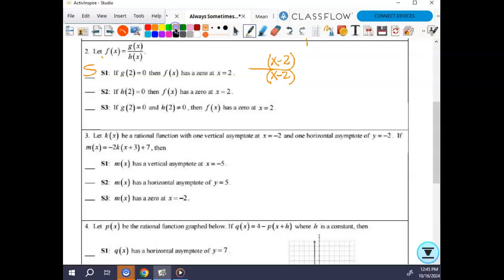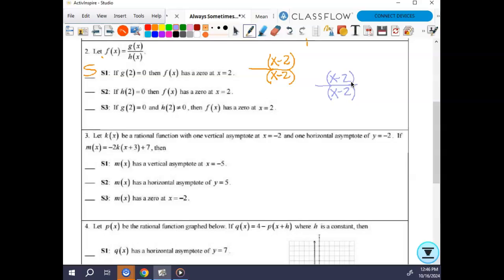Okay, so then the second statement, h of 2 equals 0, that's the denominator, so that's an x minus 2. If that is true, then f of x has a 0 at x equals 2. Well, if that's the only place I have an x minus 2, that would mean that I have a vertical asymptote there, and I know I can't have a vertical asymptote and a 0 at the same time, right? If I have this, that means I have a hole, right?